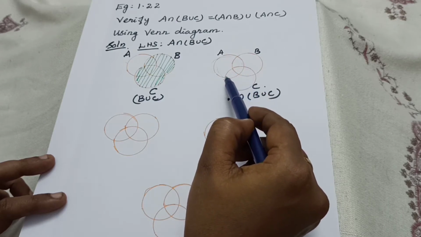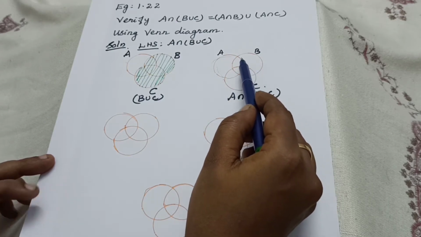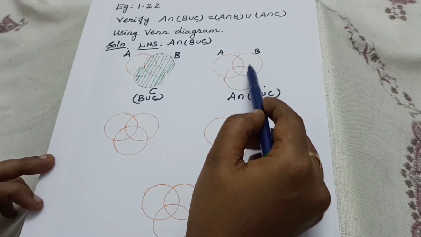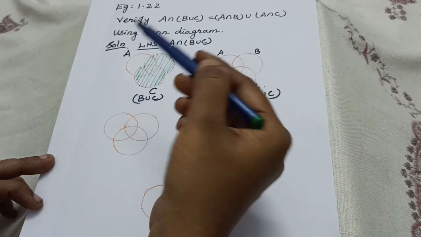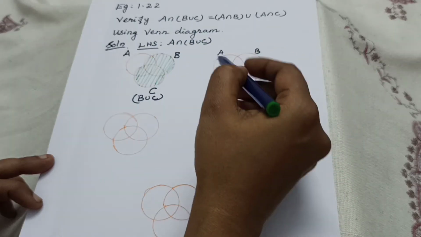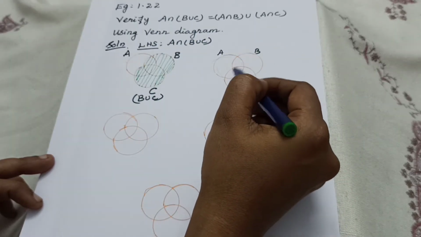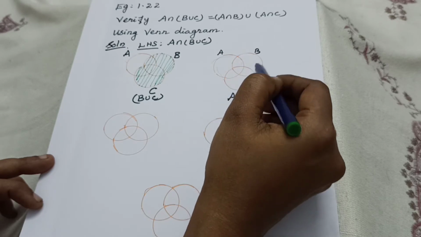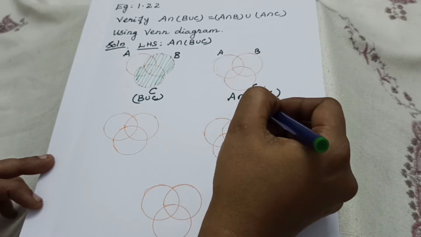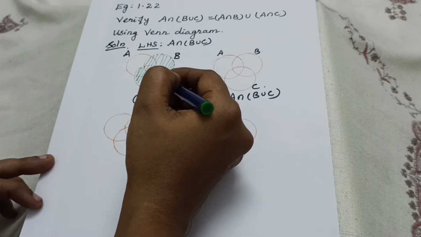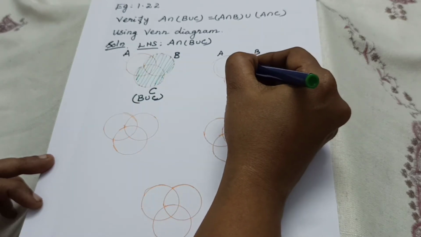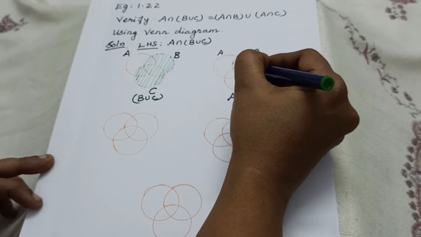But B union C means this B and C fully. Of both, which intersection area will come? A fully, B intersection C means this area fully. So the common area, the common portion, is this one. Only this portion is common.